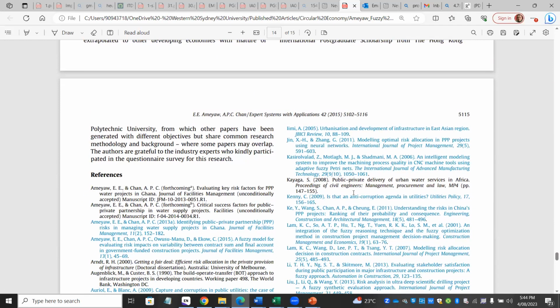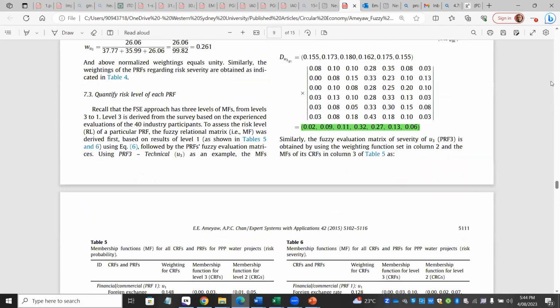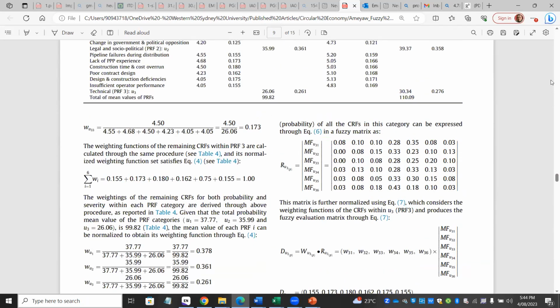I'm happy that so far we have been able to capture fuzzy synthetic evaluation. I must say that it's not difficult, but it requires some serious attention. If you don't pay attention, you miss one step and you get yourself confused.